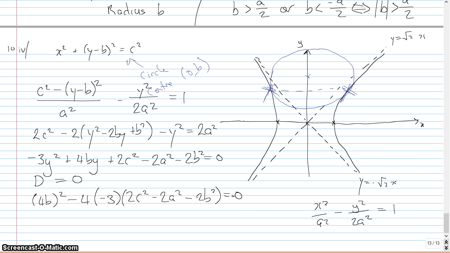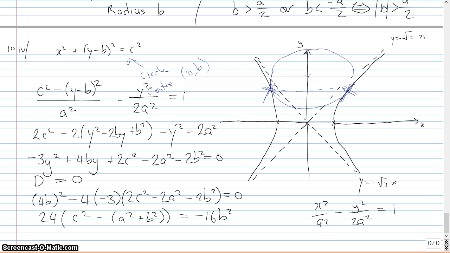And so if we simplify that, we end up with 24 times c squared minus a squared plus b squared is equal to negative 16b squared.